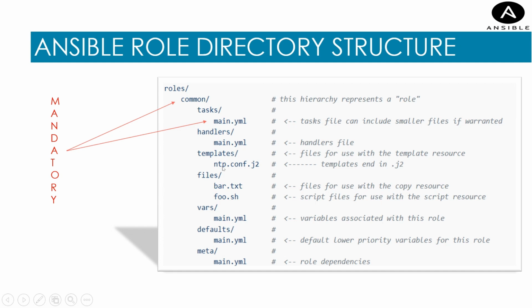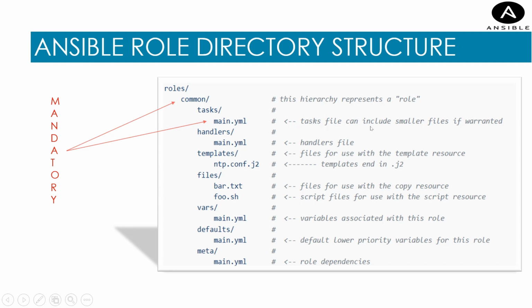But if you use handlers, then main.yml; templates, then the name of the template is needed; files, then the name of the file; vars, then main.yml; defaults, main.yml; and sub files you can include in the yml file. This is the hierarchy that represents a role.